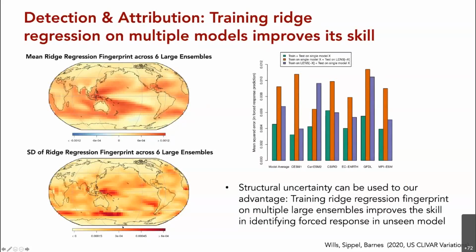And in particular, which is mostly Sebastian's work, I should say, we showed that training ridge regression on multiple large ensembles at once helps to improve its skill on a model it hasn't yet seen. So rather than just train on one large ensemble, using the structural uncertainty across different models is helpful to improve the skill of these pattern recognition methods in recognizing the forced response. And this might help in observations as well.